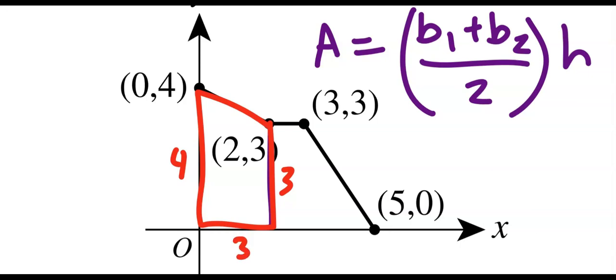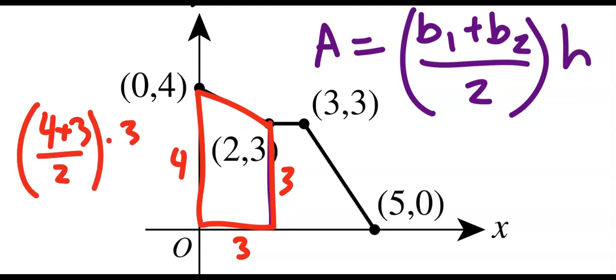So 4 plus 3 over 2 times 3. So what is that? 7 over 2, 3.5 times 3. So I guess I could just leave it as 21 over 2. Probably going to reach for a calculator here soon anyway.